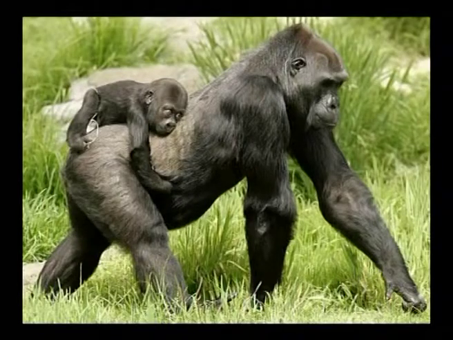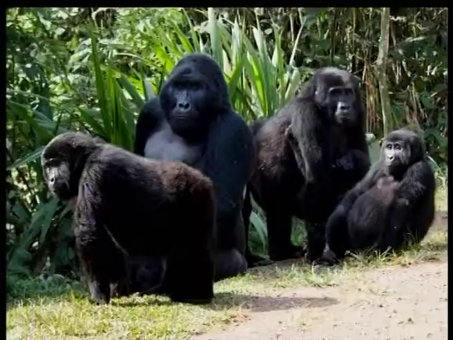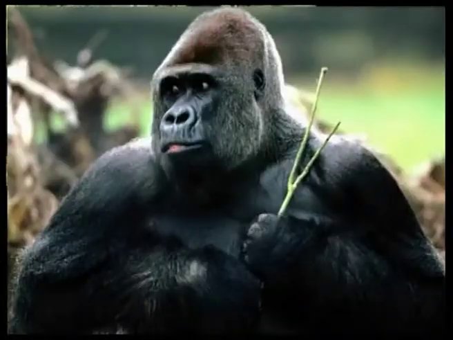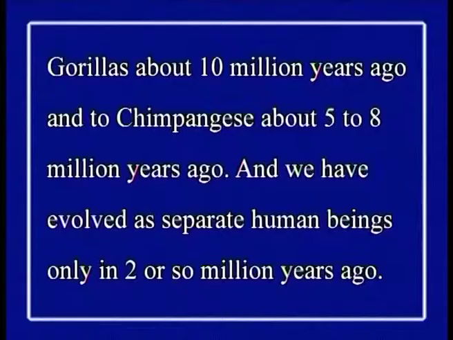If we look at human origins, we are distantly related to gorillas about 10 million years ago, and to chimpanzees about 5 to 8 million years ago. And we have evolved as a separate human species only in the last 2 or so million years.